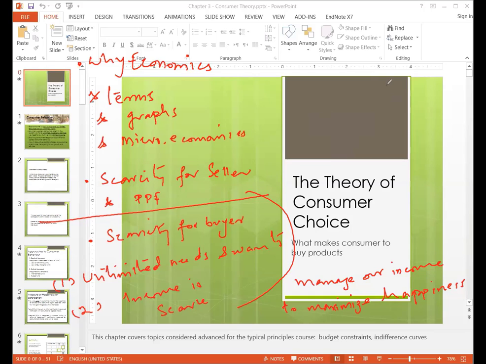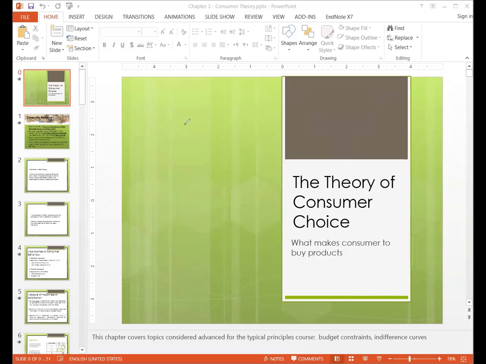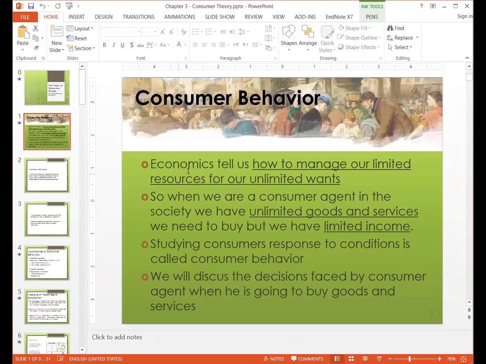Let me clear the screen. So let's go to the next slide. So economics tells us how to manage our limited resources for our unlimited wants. So as a consumer agent in the society, we have unlimited goods and services to buy, but we have limited income.